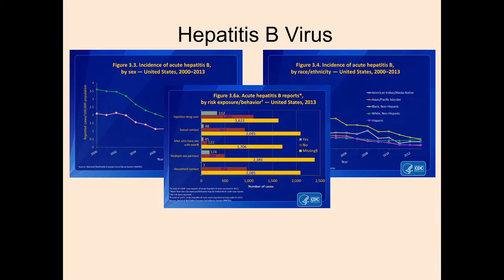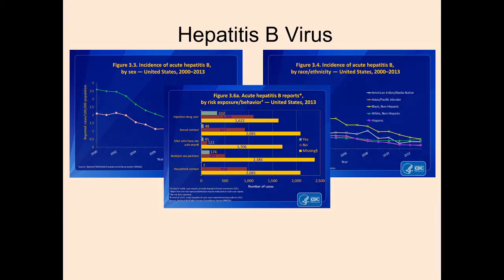So for the injection drug users, most people said that they were not injection drug users, but if you look at that gray bar and compare it to the other gray bars for the other categories, injection drug user is the number one most common way to contract hepatitis B. Then if we skip down a little bit, you'll notice there's a row called multiple sex partners.